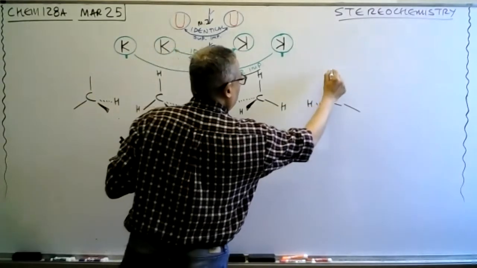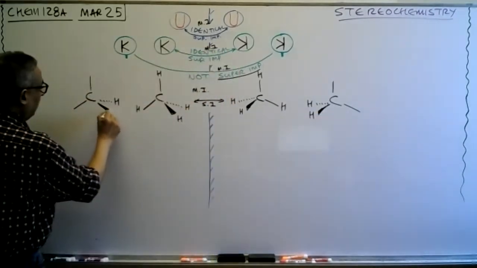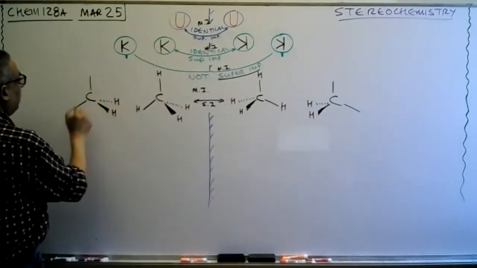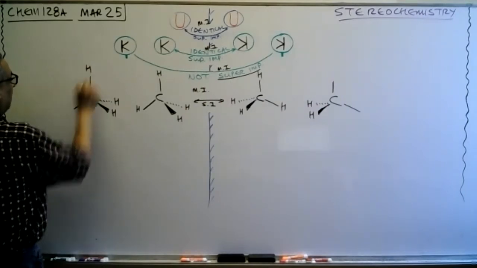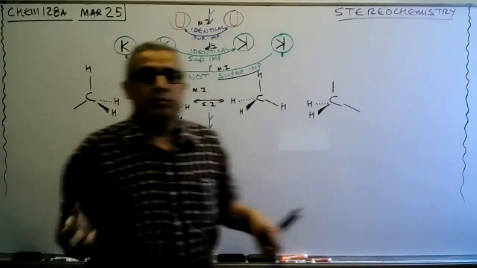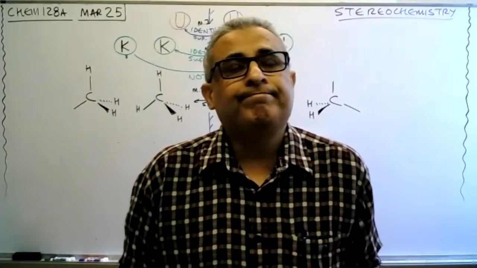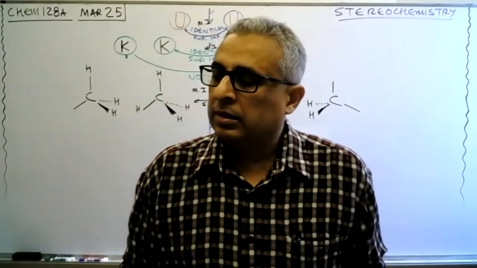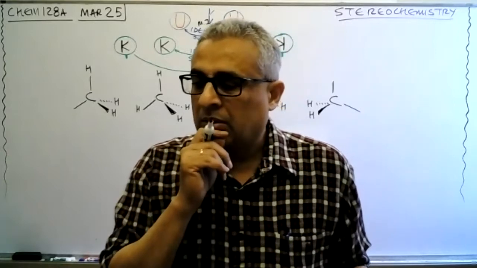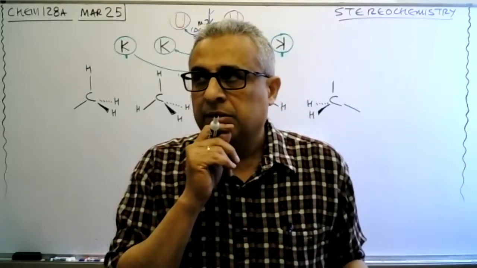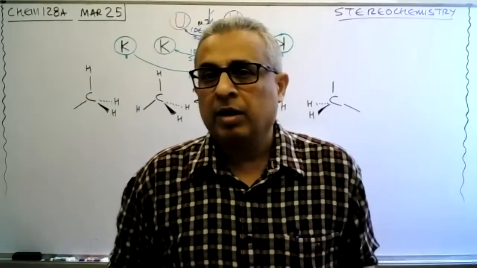Let's keep this guy unchanged. Let's just change one of them into something else. Let's pretend that we are using three different elements: fluorine, chlorine, and bromine.